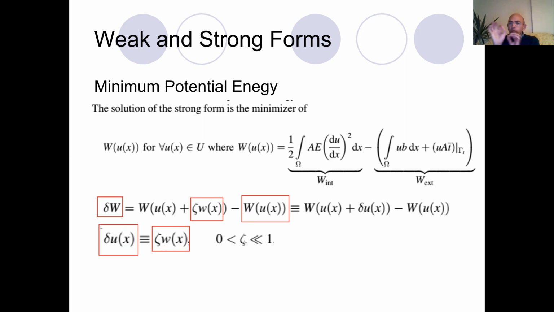So we give a very small perturbation. We make a displacement, we deform the structure, we store some energy, and then we give a very small change. And we analyze how the potential energy changes during this small change. This is the objective now.